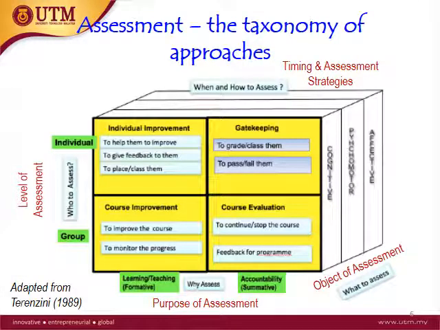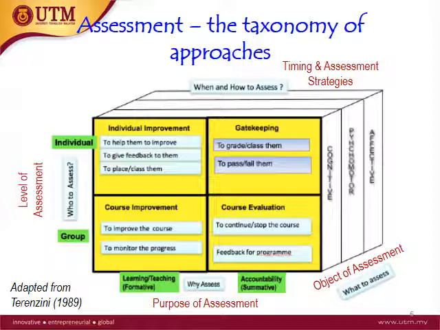The diagram that I showed you here is illustrating the taxonomy of approaches to assessment. If you look at the diagram, what we measure, that is the object of assessment, or what to assess, that comprises the cognitive, psychomotor and affective domain, is determined by the level of assessment, that is who to assess.